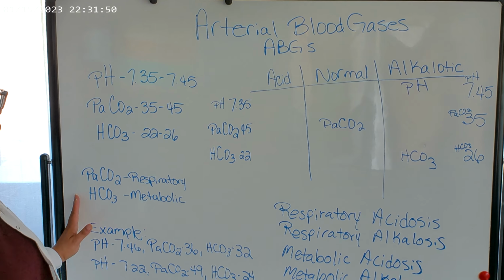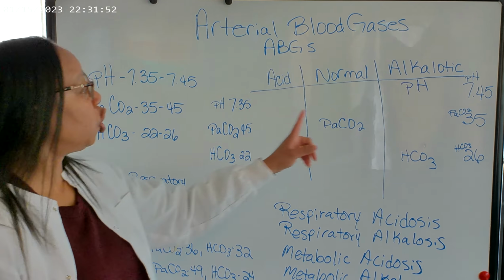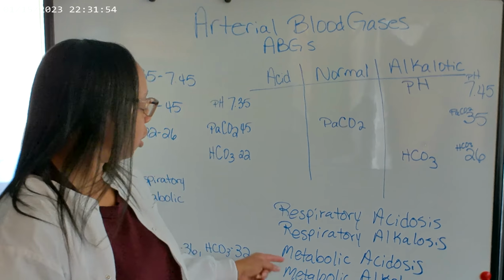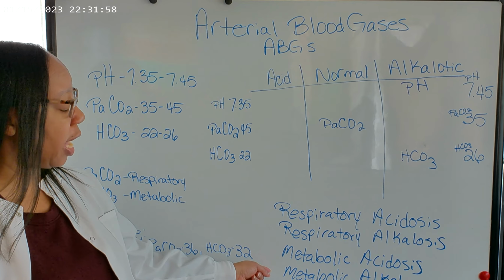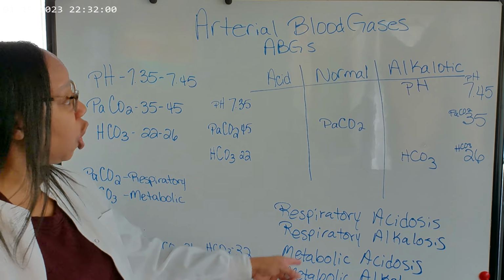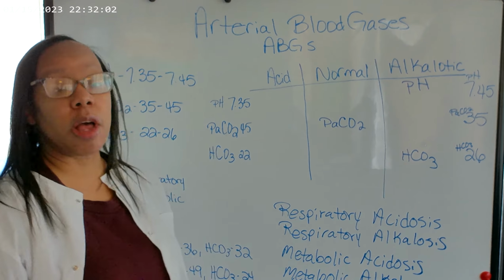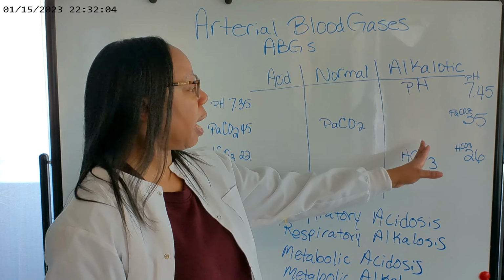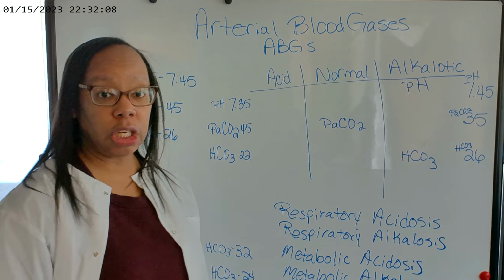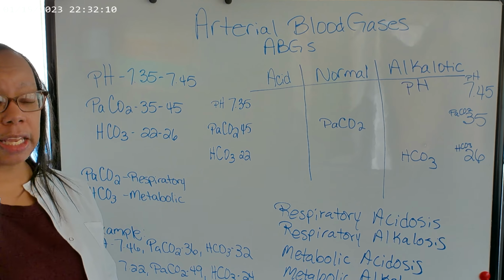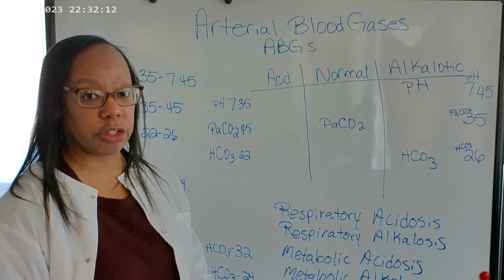So the HCO3 is a metabolic issue. So we know we're down to one of these two. Metabolic is either metabolic acidosis or metabolic alkalosis. Which side is it on? It's on the alkalotic side. So therefore it's metabolic alkalosis. That's our answer.